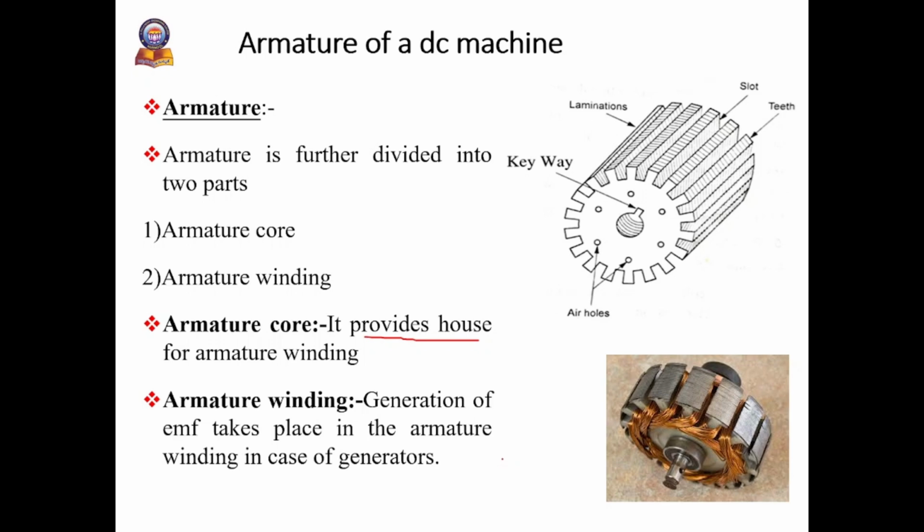So the basic function is that EMF gets generated in the armature winding of a DC generator. As the armature winding also carries the current, which depends upon the load, it is also made up of a conducting material, which is generally copper.